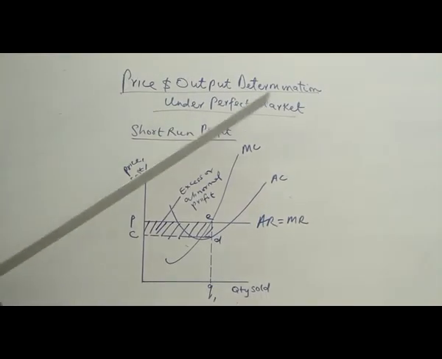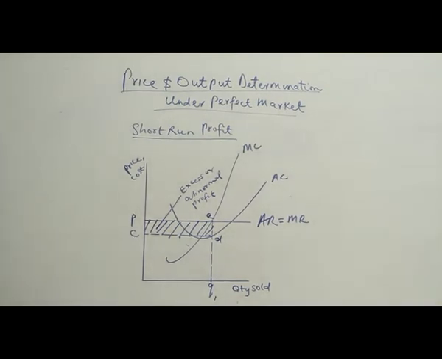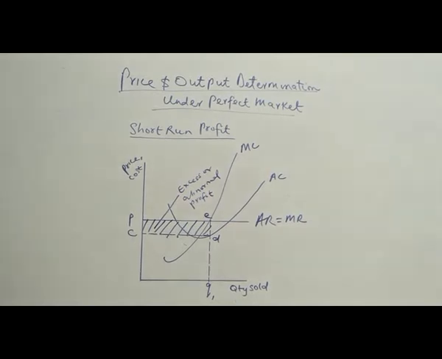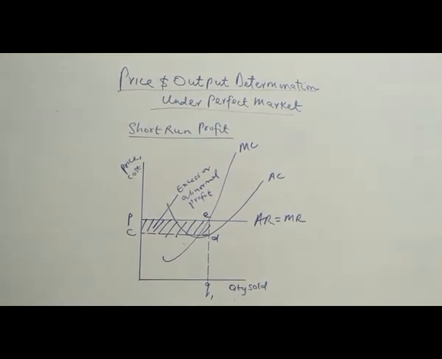Price and output determination under perfect markets. We are going to analyze three situations under this analysis: short-run profit of a perfect market, long-run profit of a perfect market, and a period when the firm will be asked to shut down.